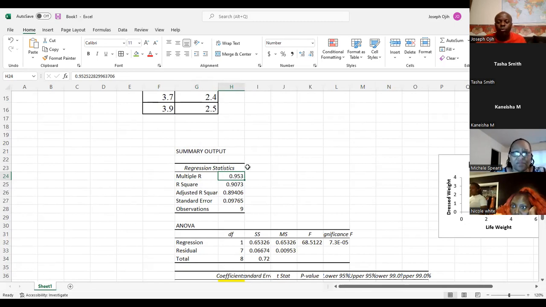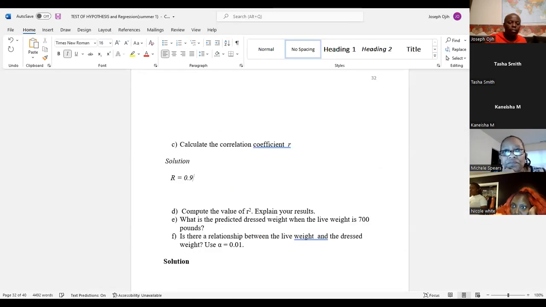If the question said change it to 2 decimal places, you can just click on the decrease decimal here, and if you want to increase it, go this way. So 0.95. We just type it in: R is 0.95.